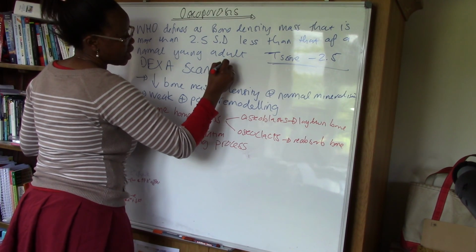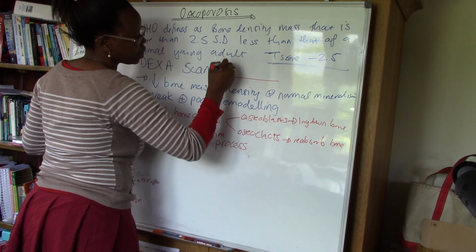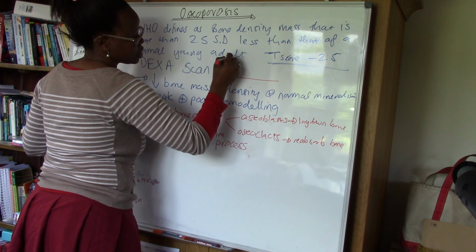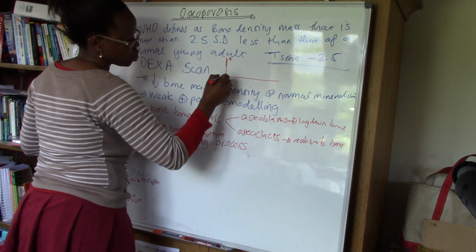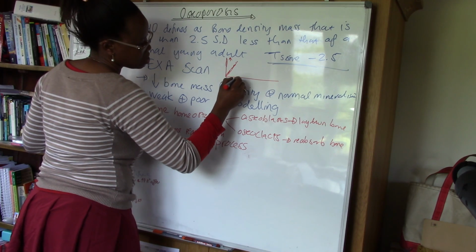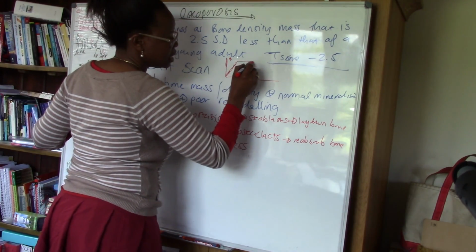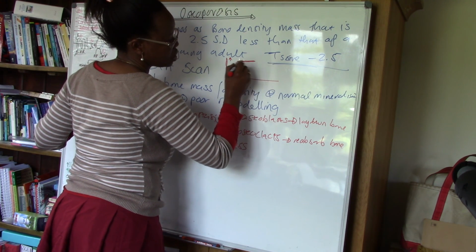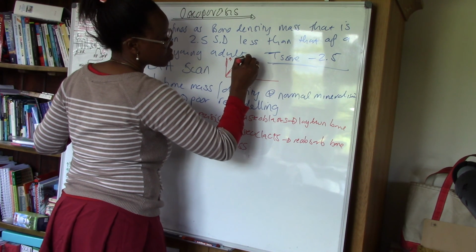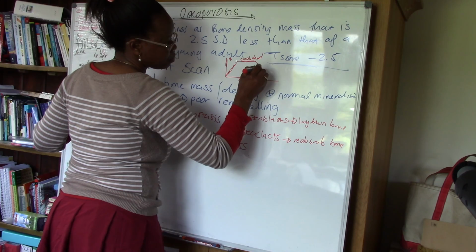And if we were to remember that during the early years of life, we lay down bone. So there's increasing bone mass until about age 30, and then between the ages of 30 and perhaps 40 or 55, that bone is being consolidated, and then we start losing bone.